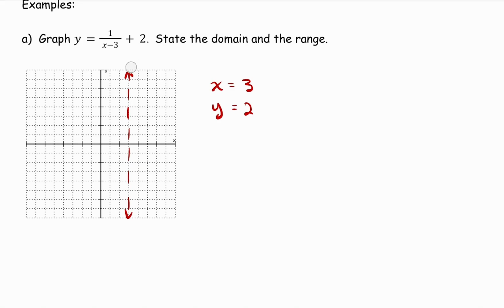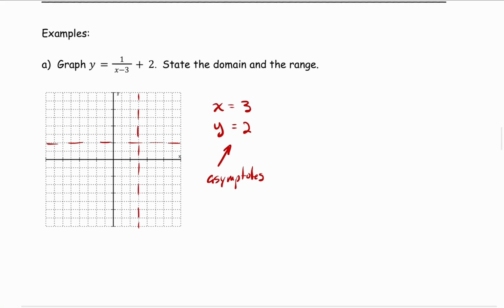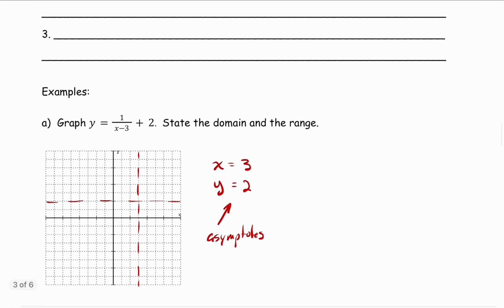We'll take those arrows out. It does keep going, but it's kind of unnecessary. And then y equals 2 is our horizontal asymptote. So there's our asymptotes, right? So that's step 1 of being able to graph one of these.